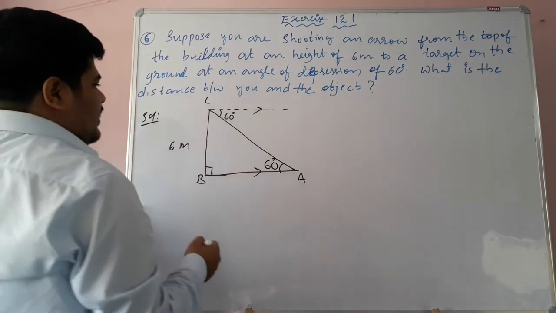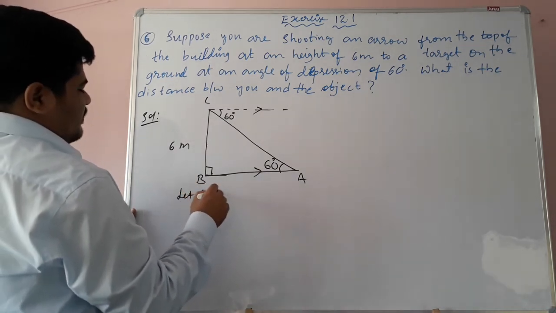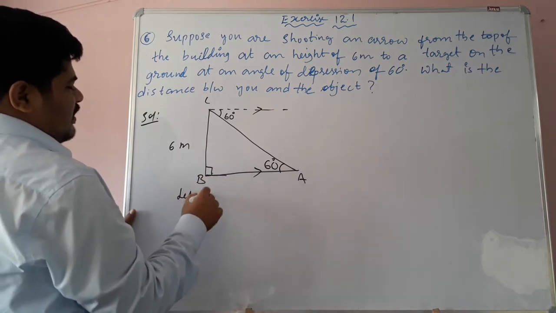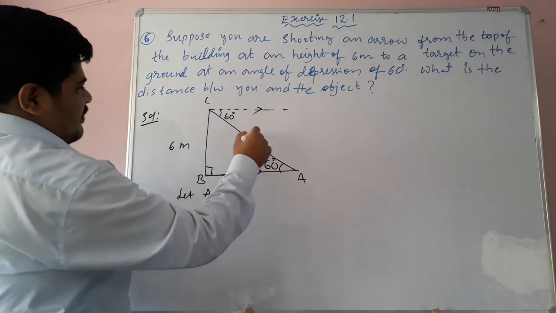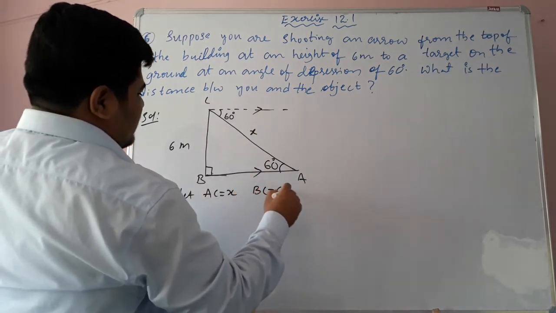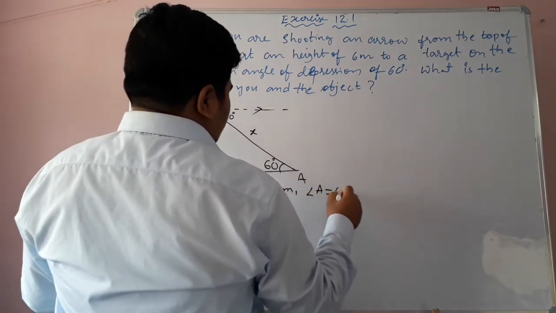Okay, so now students, we are finding AC, no? Let AC be equal to x. And what is given? BC as 6 meters. So angle A is equal to 60 degrees.